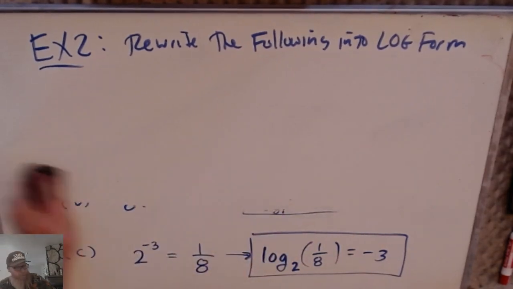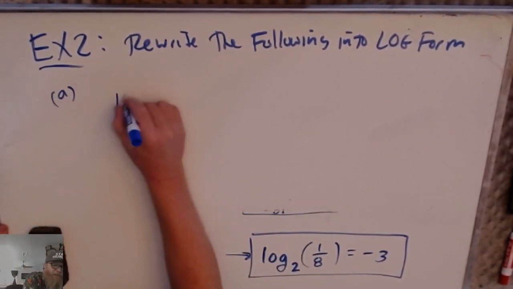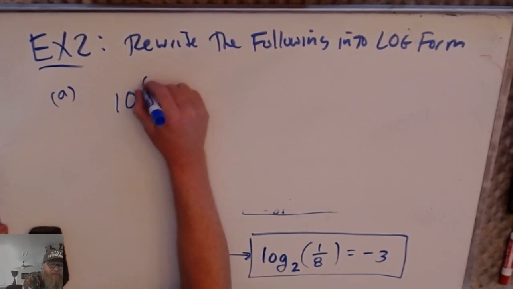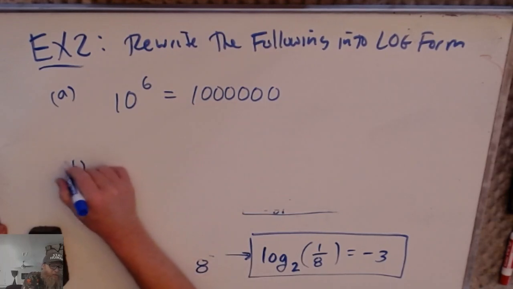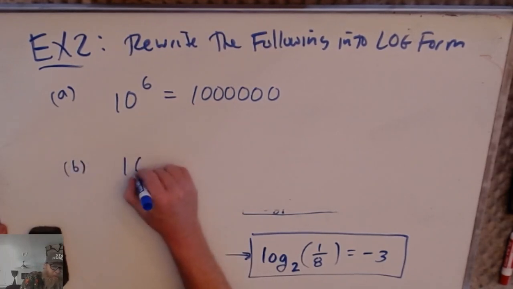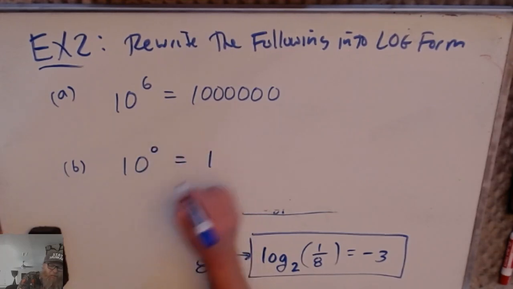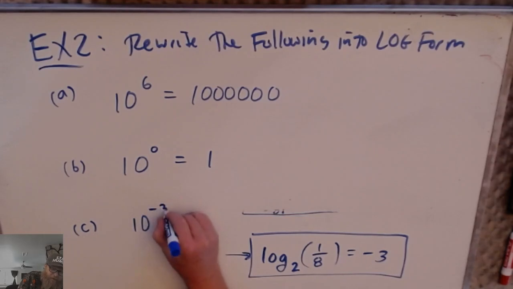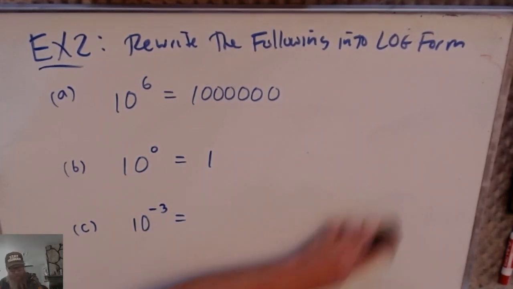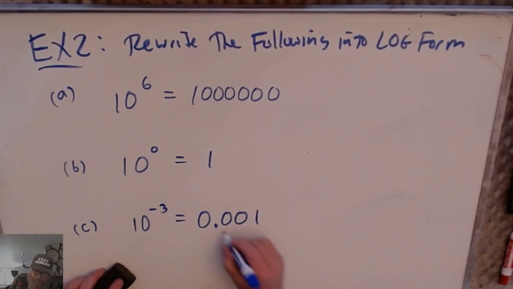Hopefully, when you were little, you memorized all your multiples of 10. 10 to the 6th power, that's 1,000,000. 10 to the 0 power is 1. 10 to the -3rd power is 1,000th.